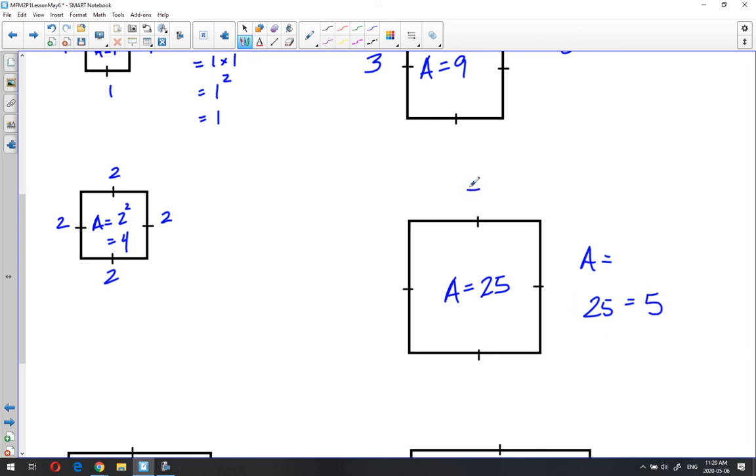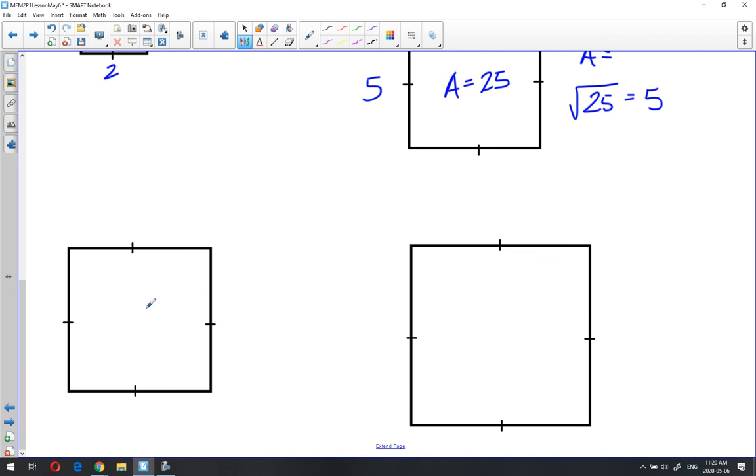So this is 5 by 5, and we say the square root of 25 is 5. We could keep going. Let's say this area is 36. Let's figure out the two numbers, length and width, that multiplied together give you 36. You would take the square root of 36, so this is 6 by 6.